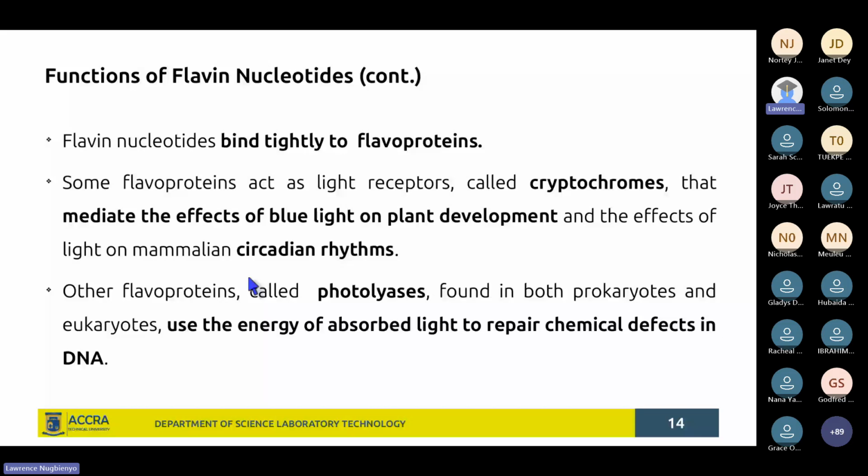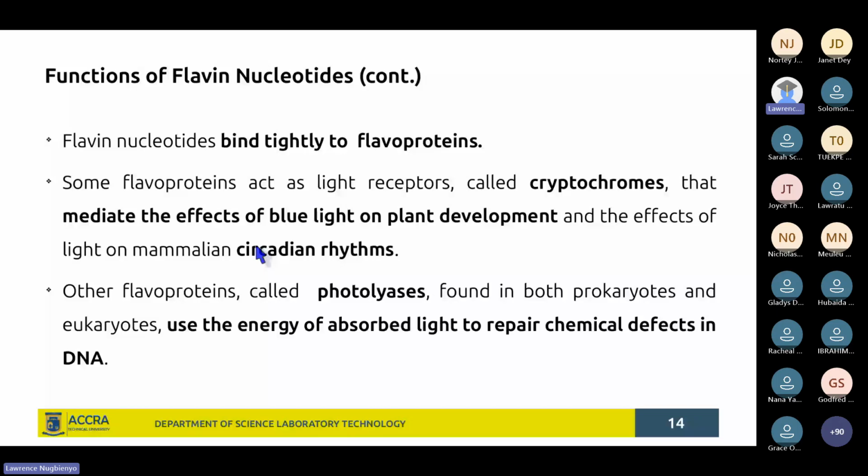That's a normal rhythm, what we refer to as a biological clock or the circadian rhythm. A lot of these flavoproteins act in this process because they react to light. So you have some of these proteins in the eyes that react to this rhythm of light over different times of the day.